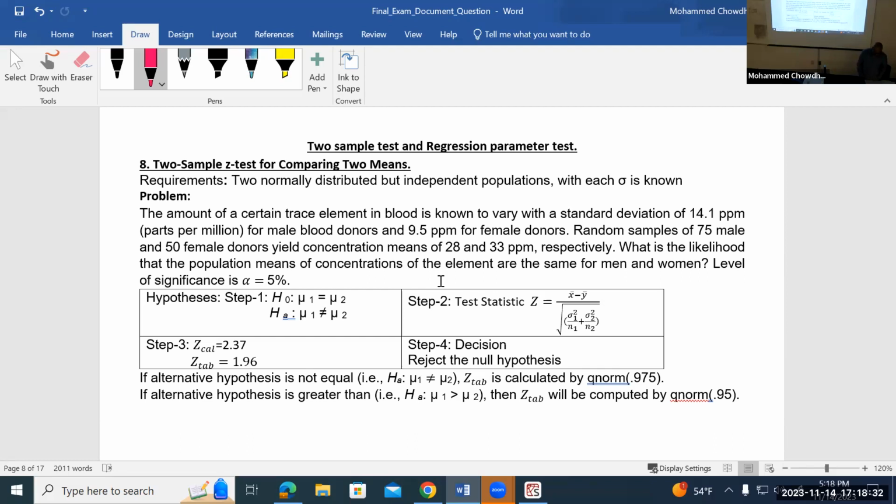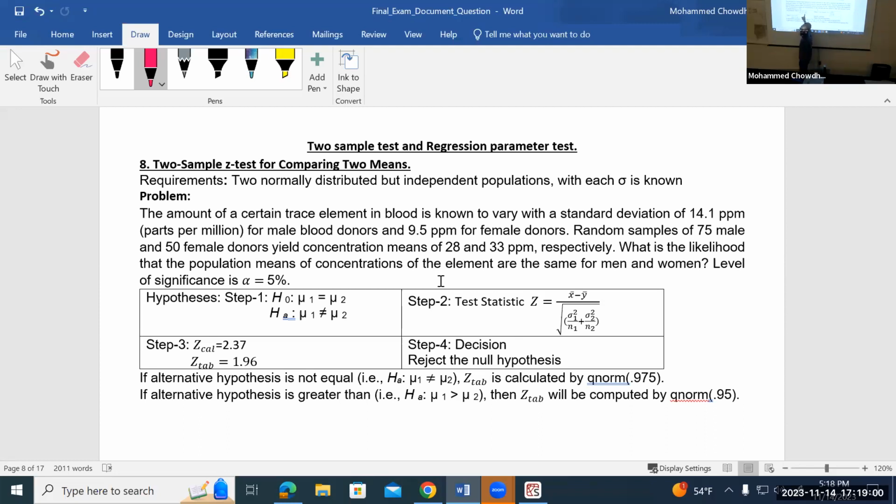Okay, so what is the likelihood that the population mean concentrations of the element are the same for men and women? So are they same, not same, right? Same means null hypothesis and alternative hypothesis is not same.